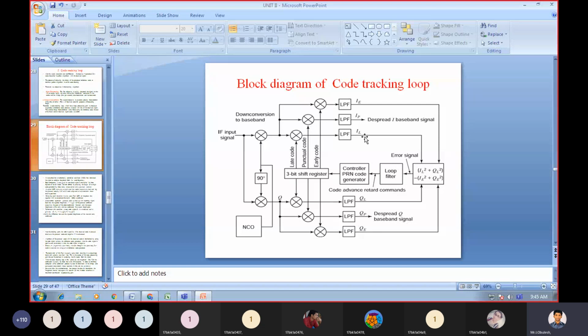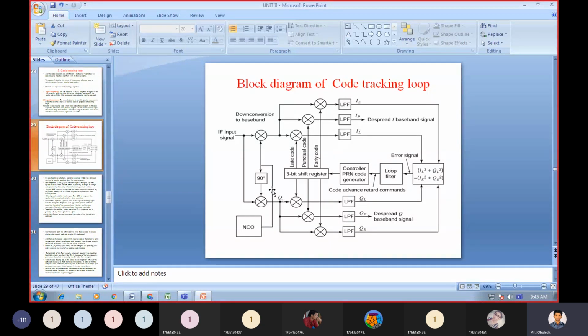So we get the despread early, despread punctual and despread late signals.